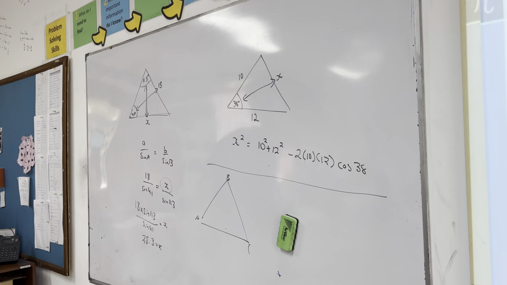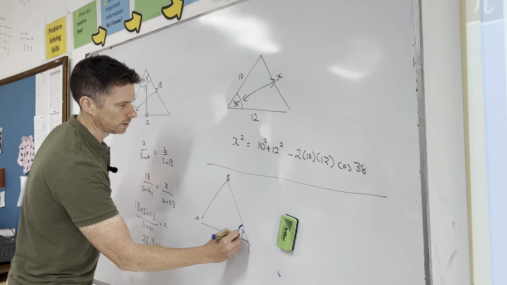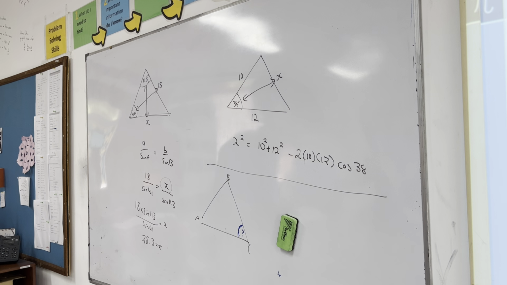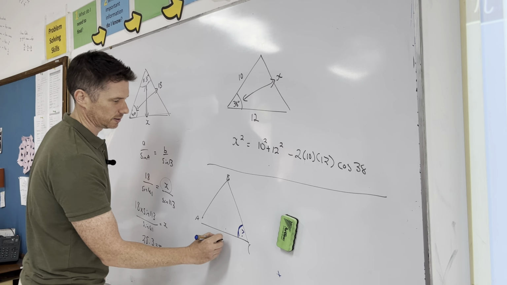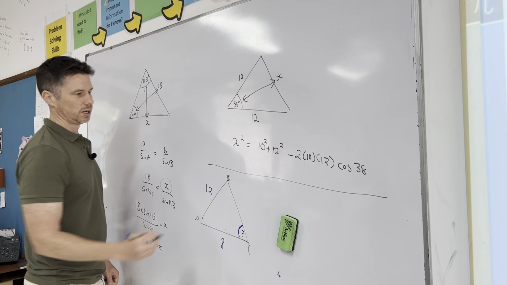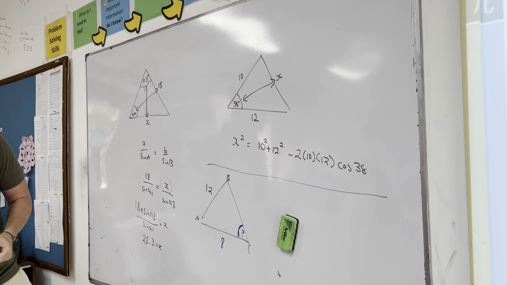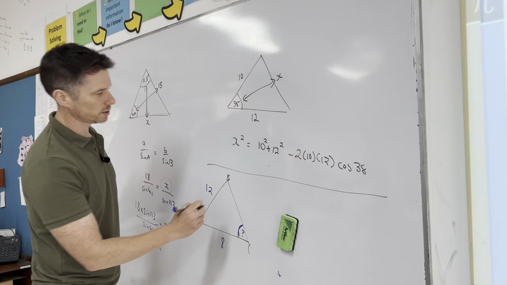The measure of angle C, we want to find this angle. AC is 8. That's off screen, but I know this. And AB is 12. All right, so decision time. Angle B measures 28.